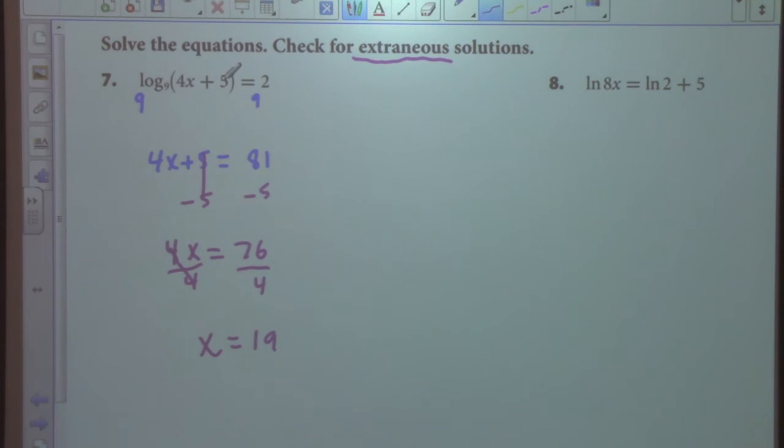What's 76 plus 5? 81. So 9 to what power equals 81? 2, check. So this is called a real solution, not extraneous. Basically, if the function is defined when you plug it back in there, that's a real solution right off the bat, pretty much.